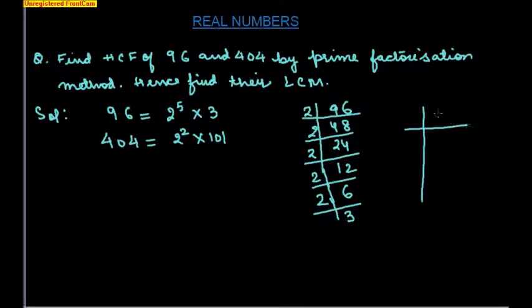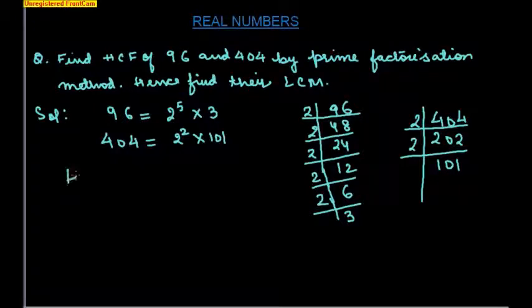Similarly, I take out the prime factorization of 404. I divide it by 2, I get 202. I again divide it by 2 and I get 101, which is 2 square into 101, and this is how I got the prime factorization.